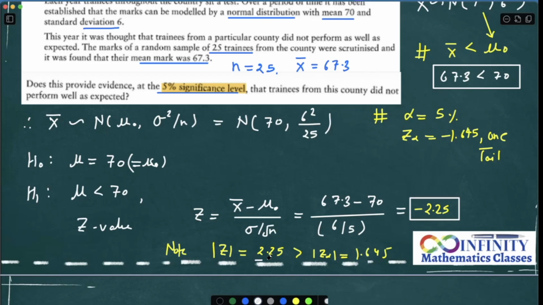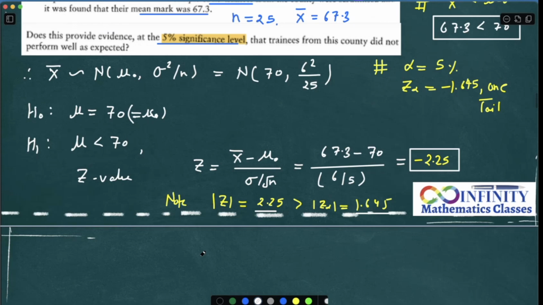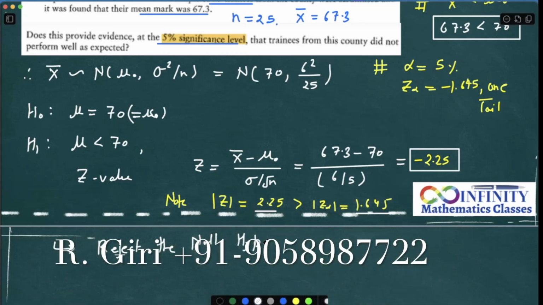So 2.25 is by default bigger than 1.645. Whenever this is the situation in one tail, whether it is right tail or left tail, that is upper or lower, statistically we reject the null hypothesis.